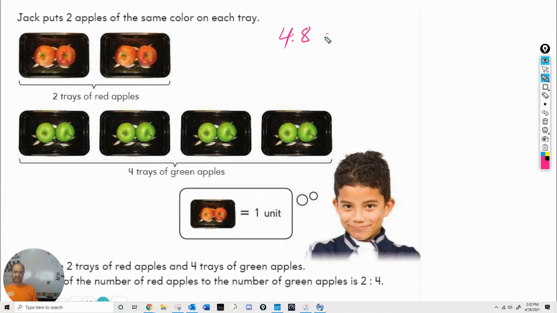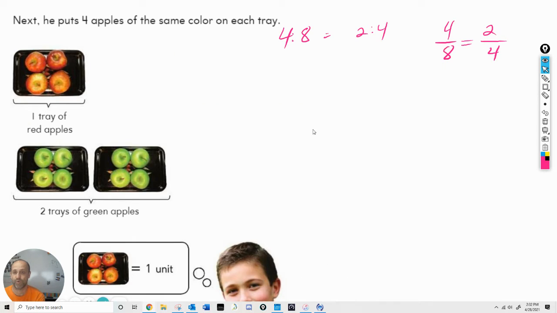This equals this. This equals that. You getting the idea? Pretty tricky. Now the ratio is 1 to 2.